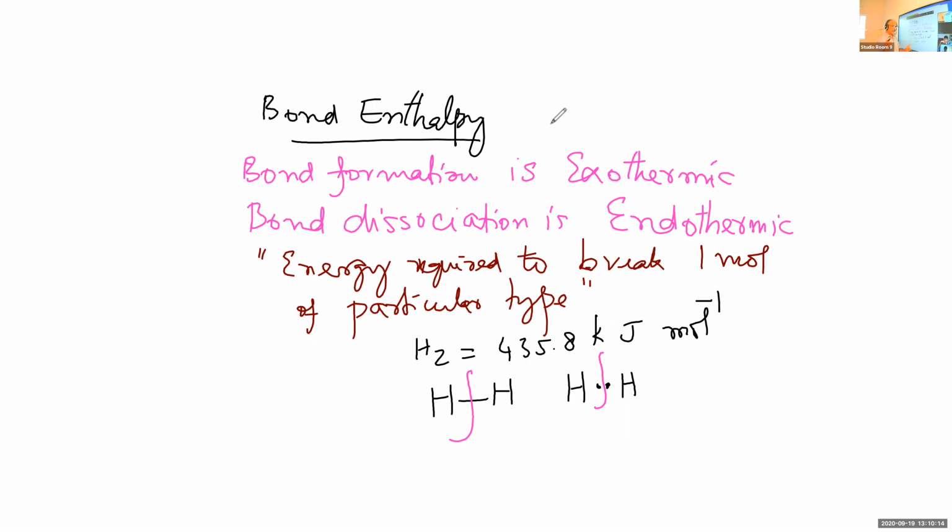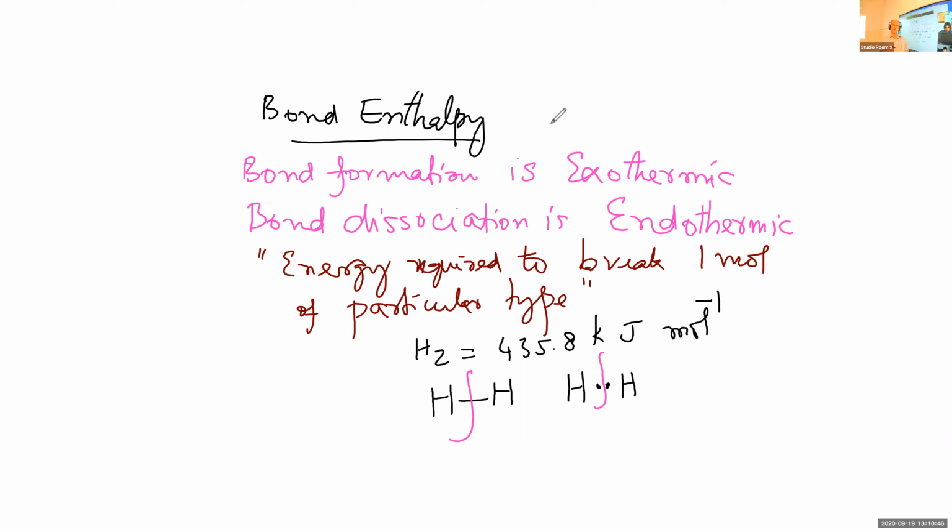So to define it fully, it is the energy required to break 1 mole of a bond between hydrogen atoms. 1 mole of bond means 1 mole of hydrogen molecules. In 1 molecule there is a single bond.